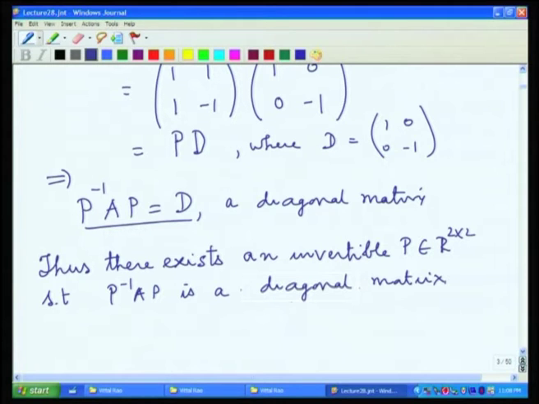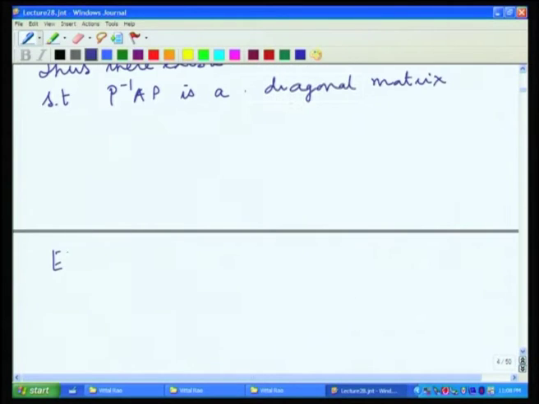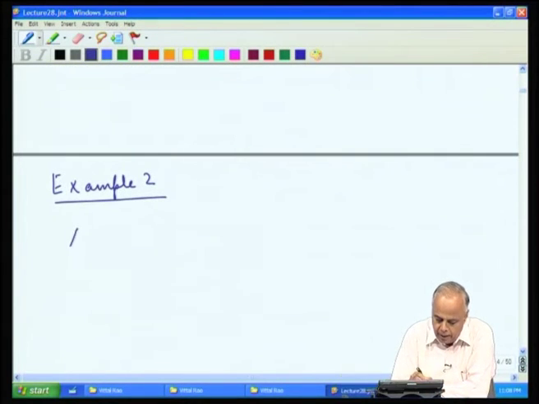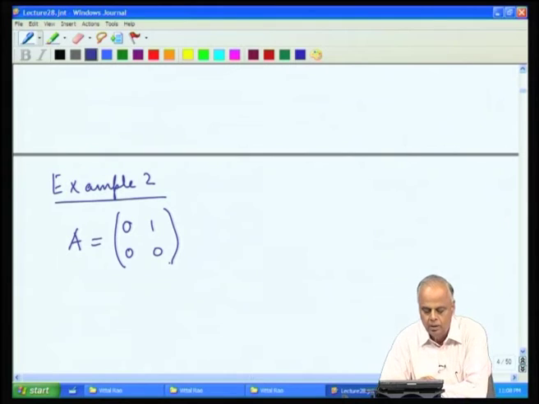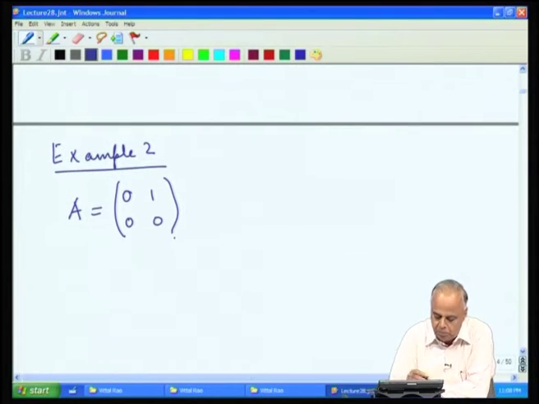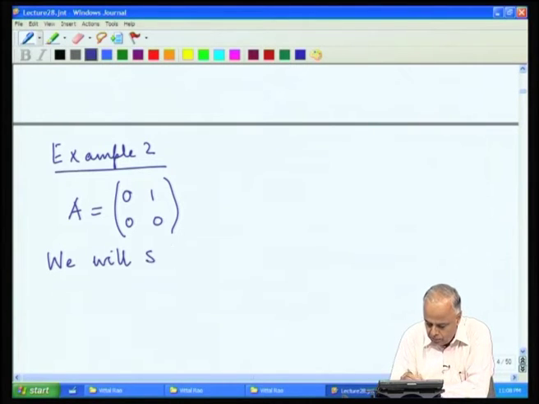Now, let us look at another example. Example 2, let us consider A to be the matrix 0 1 0 0. Now, we will show that there is no such P. This is a real matrix.